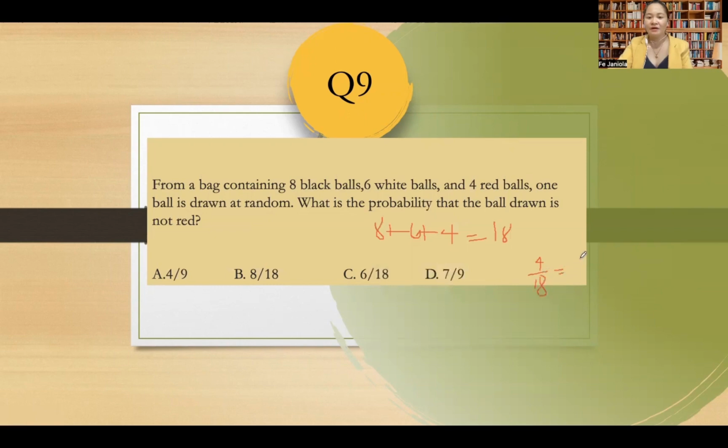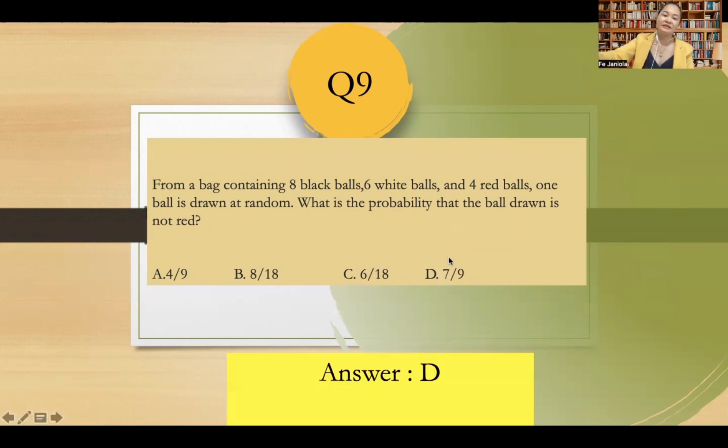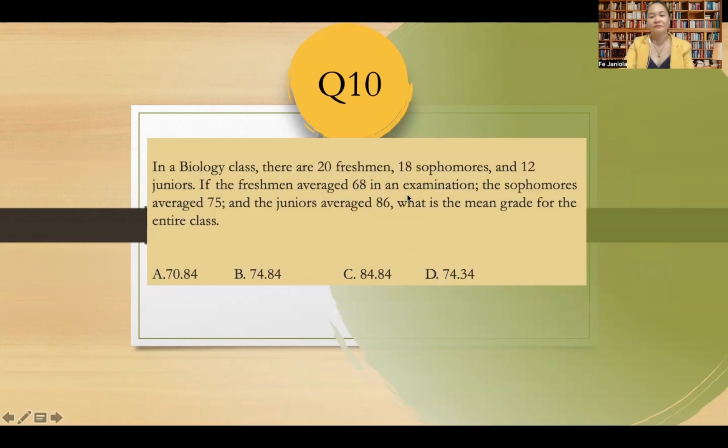Therefore 18 minus 4 is 14, so 14 over 18 is the probability of not red. Reduce to lowest terms by dividing by 2 over 2. So the answer is 7 over 9. So letter D, 7 over 9.